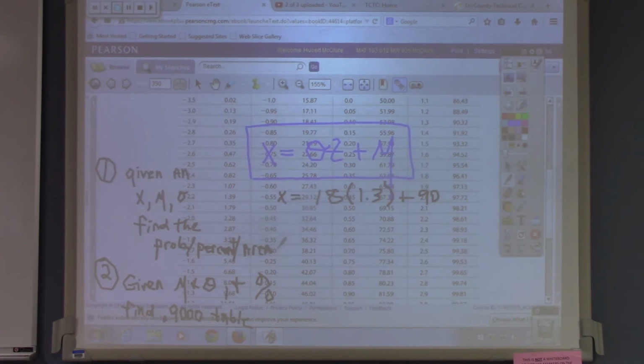What do you get? 113.4. So the score that represents the 90th percentile is 113.4.